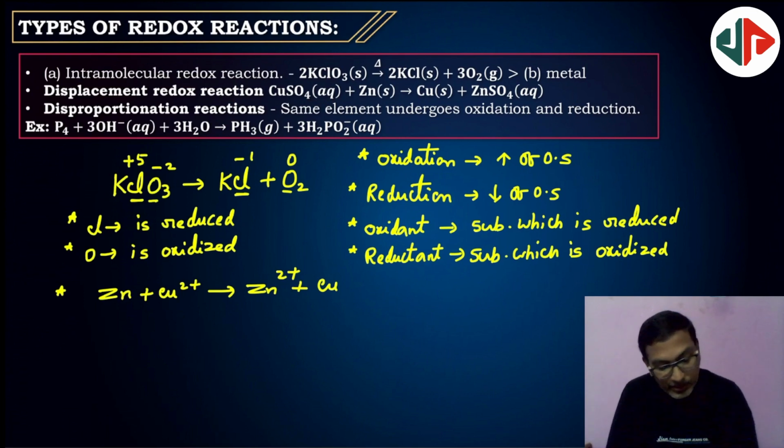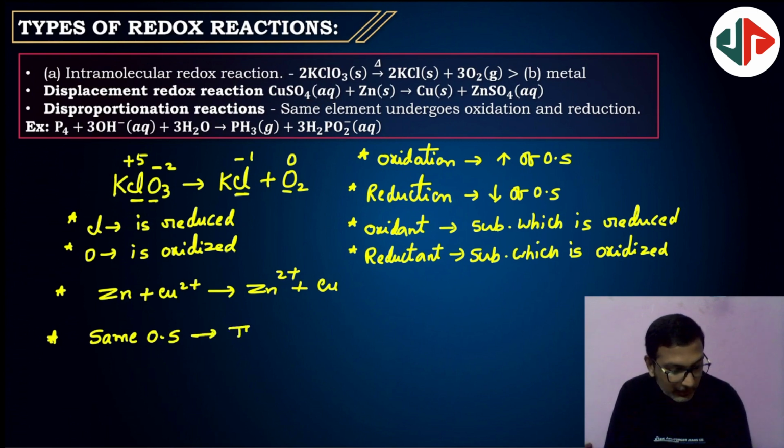Next, disproportionation. Disproportionation means the same oxidation state will be converted to two different oxidation states. Here the same oxidation state means an intermediate oxidation state.